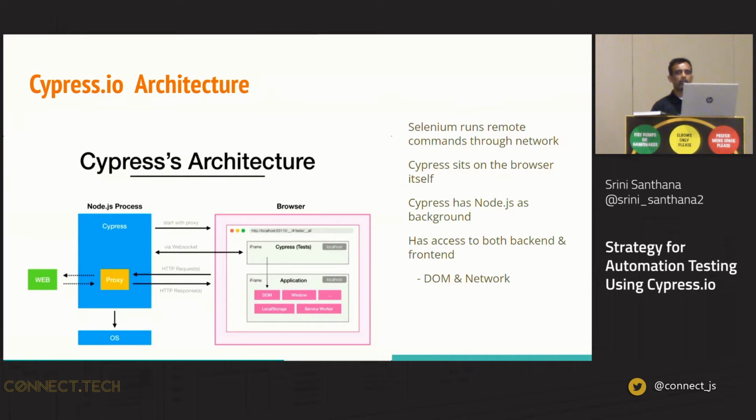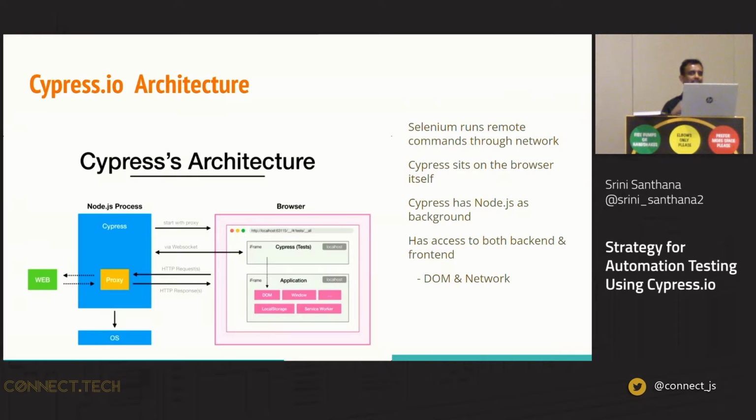If you look at what Selenium was doing, Selenium was running outside the browser, making WebSocket calls, and simulating the user transactions. If you did a mouse click or anything, Selenium stayed outside the browser and sent that information to the browser, and then simulated the user interactions. That's what Selenium was doing.